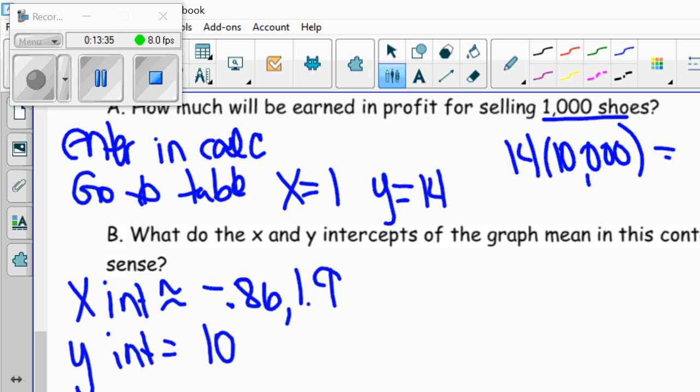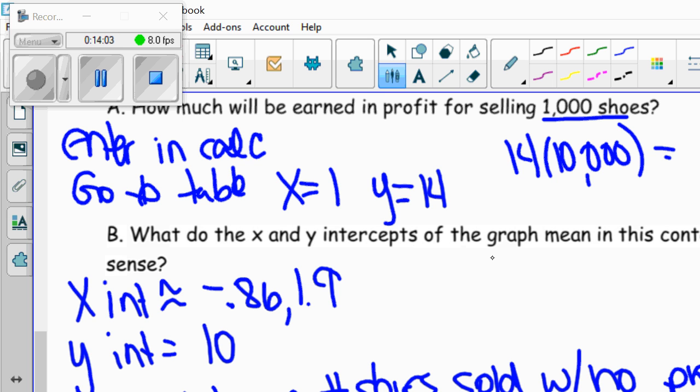So the x-intercept, or it says, do these values make sense? So the x-intercept, this is how many shoes are sold. Okay, so x-intercepts are the number of shoes sold with no profit earned.